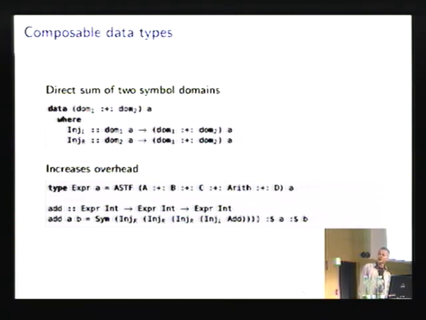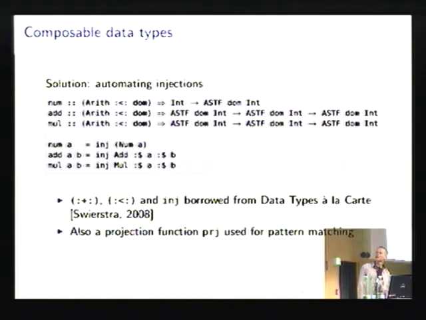So to introduce an addition, we now need 4 injections because Arith appears deep inside this sum here. And that's not so nice. But fortunately there's a nice solution to this problem, which we can borrow directly from Data Types à la Carte.